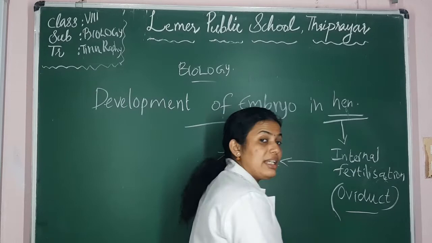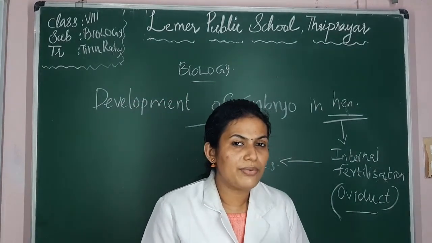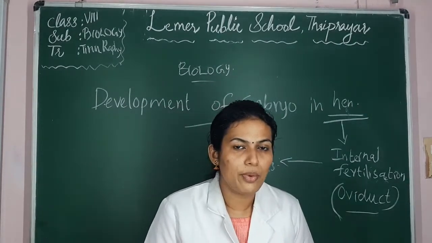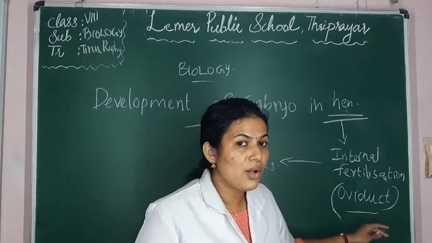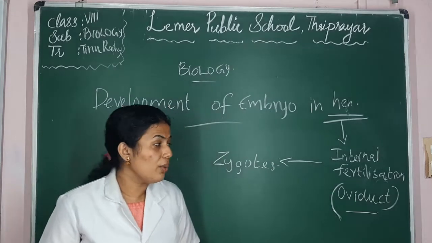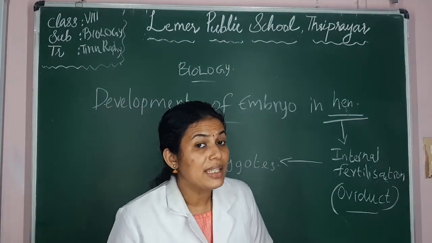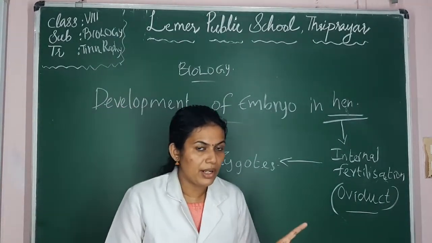Now, children, you may get confused about the parts of the female and male reproductive organs if you haven't gone through the textbook and revised it along with this video. Oviduct is also called fallopian tube. So now, what is sperm duct? Which part is called sperm duct? Yes, the vasa deferens is called sperm duct in the male reproductive organ.